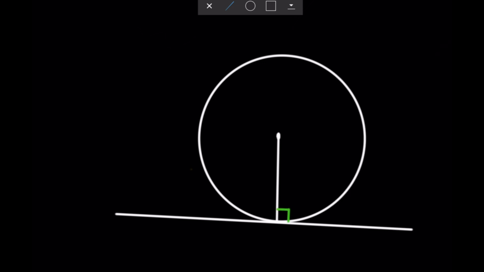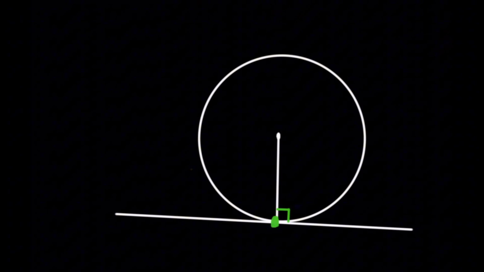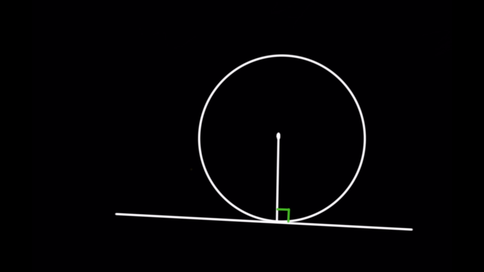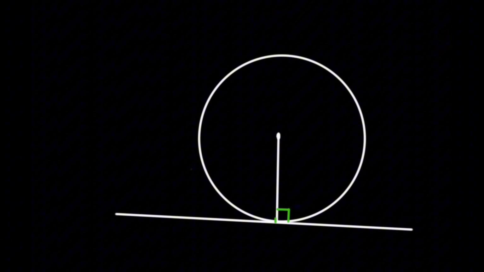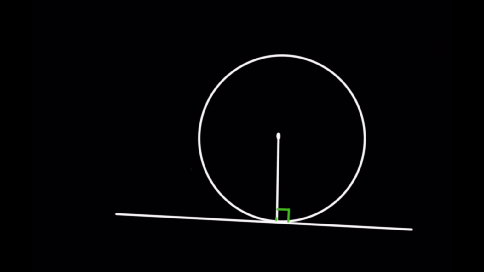This is where the tangent and radius meet, and because the tangent only touches at one spot and the radius meets it at that one spot, it is 90 degrees.